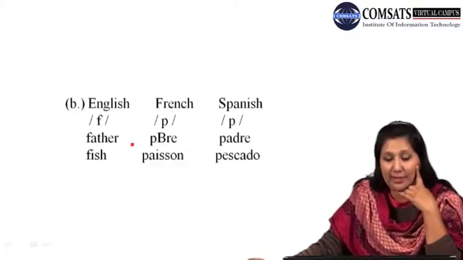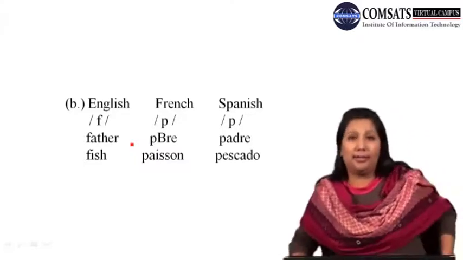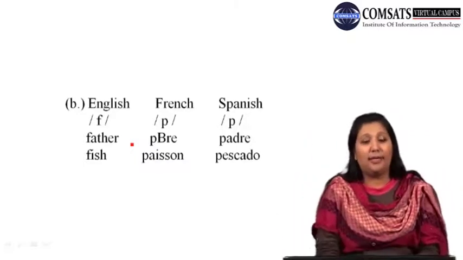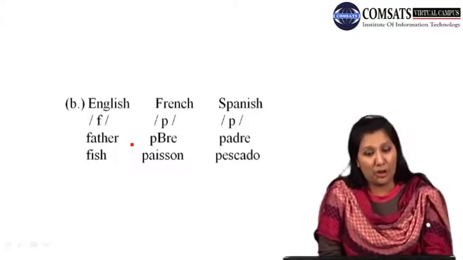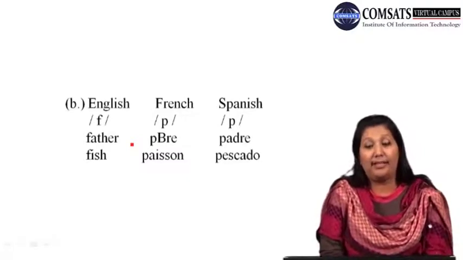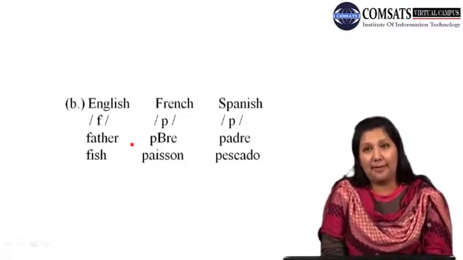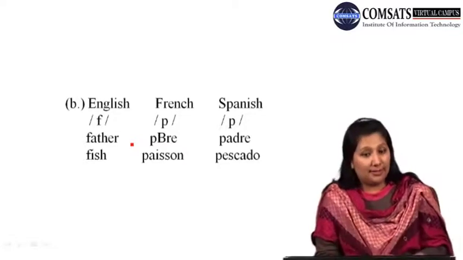Then some English, French and the Spanish words. For example, in English the consonant f is pronounced as f. In French it is pronounced as p. In Spanish it is p. In English we have father.